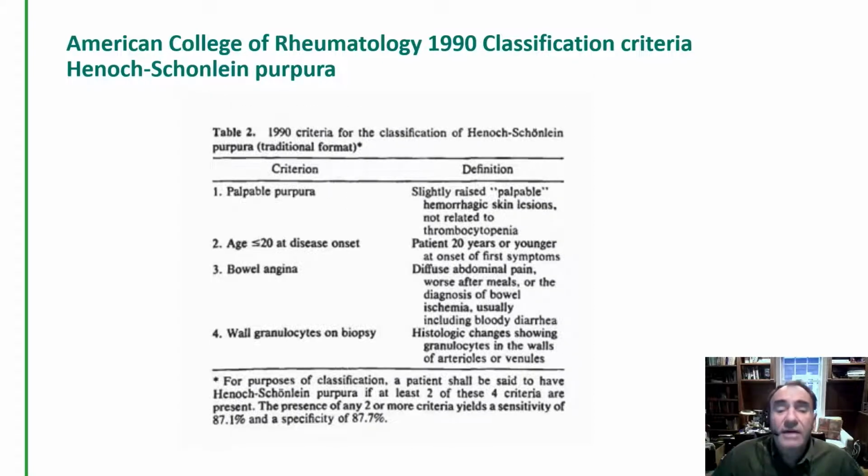Henoch-Schönlein purpura. 1990, they needed to have at least 2 of these 4 criteria to be classified as Henoch-Schönlein purpura. Purpura, age less than 20, so we know this is seen in the pediatric population largely. Bowel angina, diffuse abdominal pain worse after meals, suggesting bowel ischemia, and on biopsy, granulocytes seen in arterioles or venules.